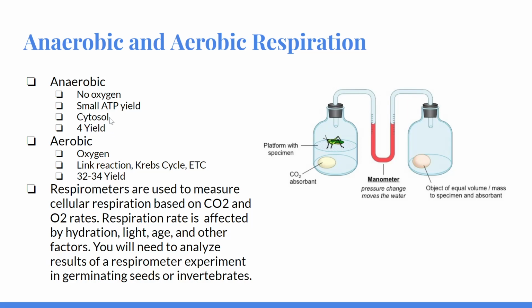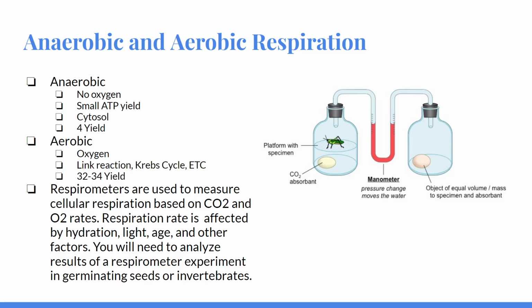Anaerobic would be just glycolysis, and then aerobic would be everything from the link reaction to the Krebs cycle to the electron transport chain. I've seen varying numbers on the yield, but the one I've seen used a lot is 32 to 34, but I've seen as low as 28 to 34 or 28 to 32.